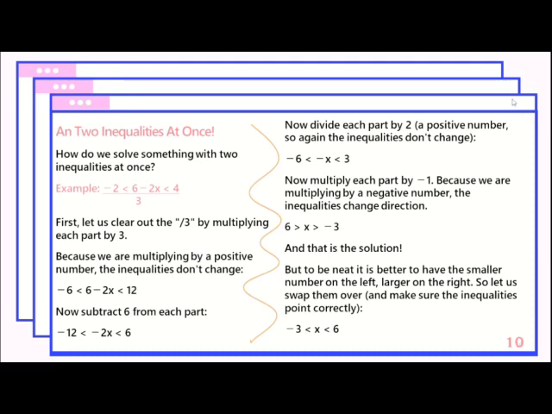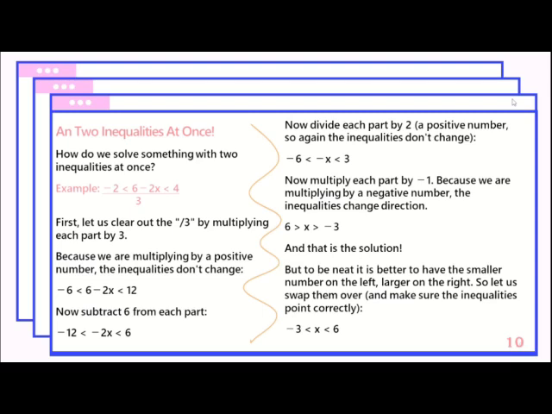And how do we solve something with two inequalities at once? The example: 6 minus 2x greater than minus 2 less than 4 divided by 3. First, let us clear out the divided by 3 by multiplying each part by 3. Because we are multiplying by a positive number, the inequalities don't change.